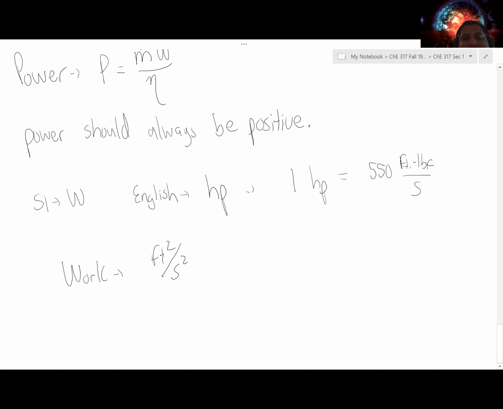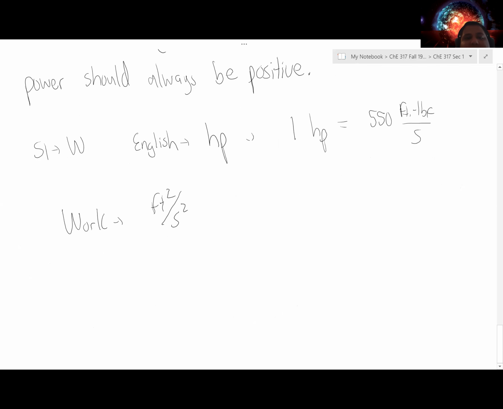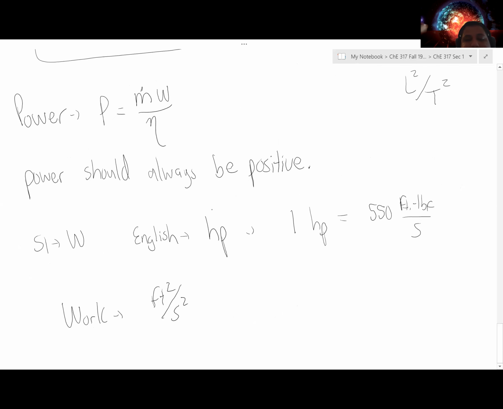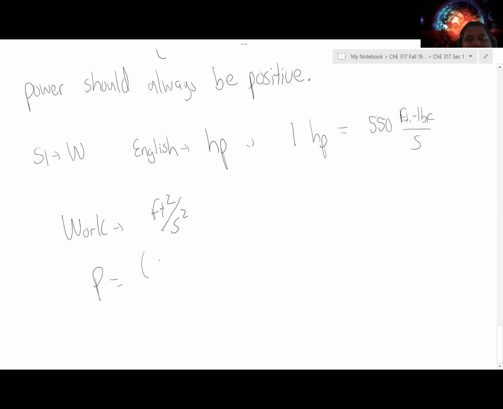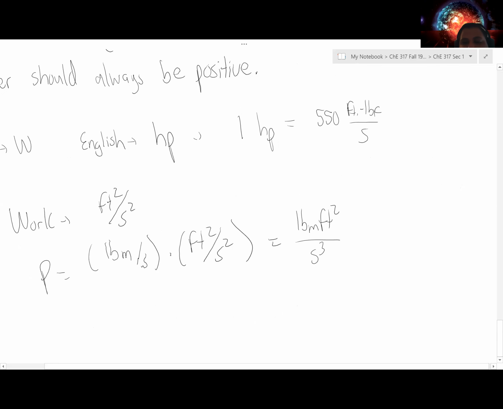And if I'm calculating power, I'm going to multiply that times my mass flow rate, which means I'm going to have a pound mass per second times a feet squared per second squared, which is going to give me a pound mass, feet squared, per second cubed. Now that's a bunch of gobbledygook.